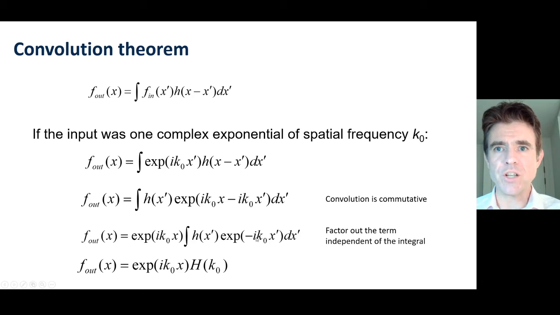But notice it's actually evaluated for that fixed single spatial frequency k0, so that's why we're showing this function capital H dependent on just that fixed value k0. But in principle, of course, we could have plugged in any particular spatial frequency k, and then we just know that this is given by the Fourier transform of that function h of x, the Fourier transform of the PSF.